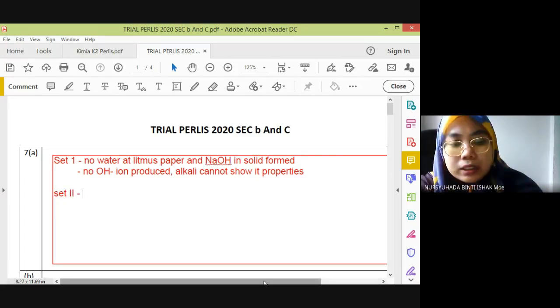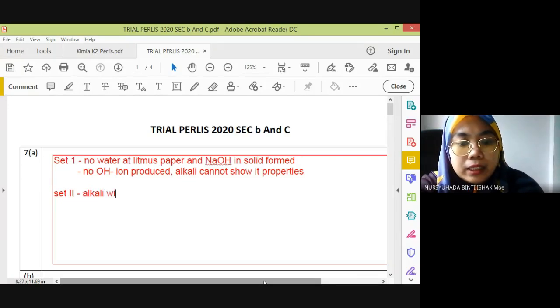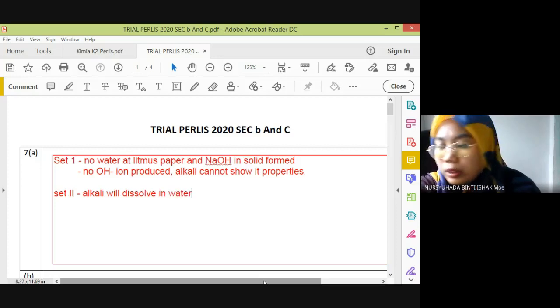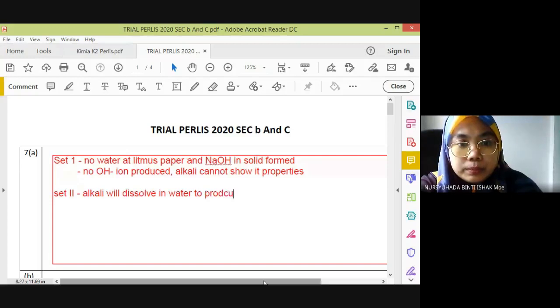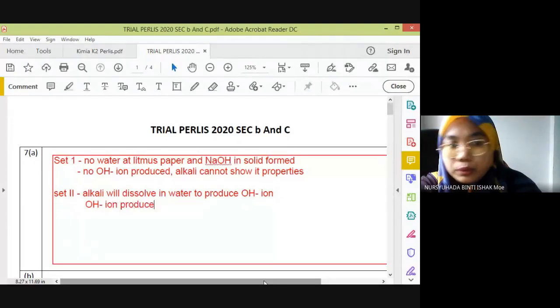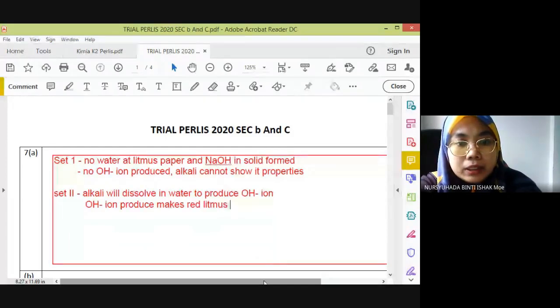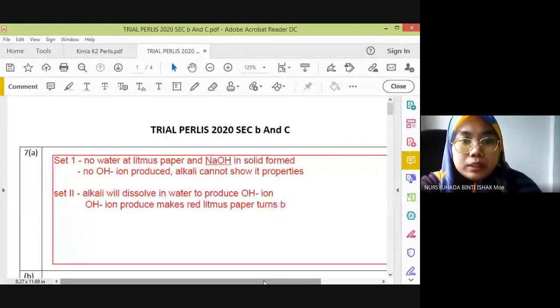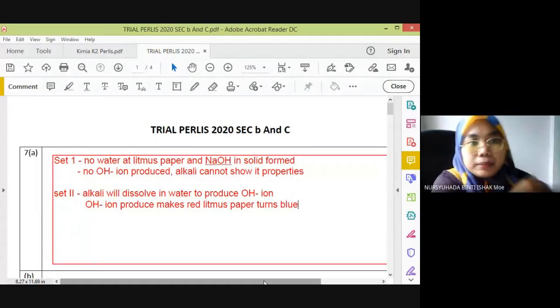Okay, for set 2. Alright, for set 2, alkali will dissolve in water to produce hydroxide ion, and then hydroxide ion produce makes red litmus paper turns blue. 4 markah.